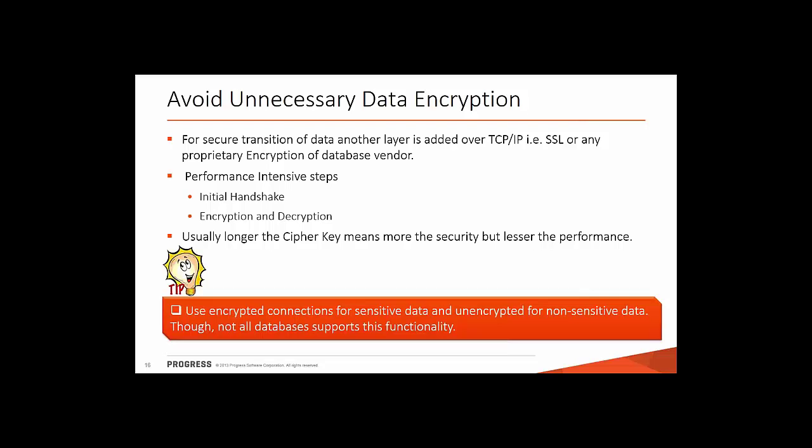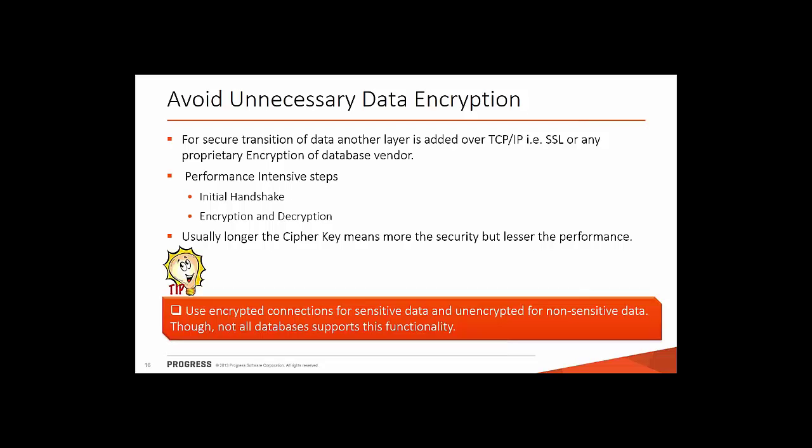Not all databases support this functionality, but a few definitely do, where you can connect using SSL so your logon credentials are transferred in encrypted format, but your data transfer can happen in non-encrypted format.